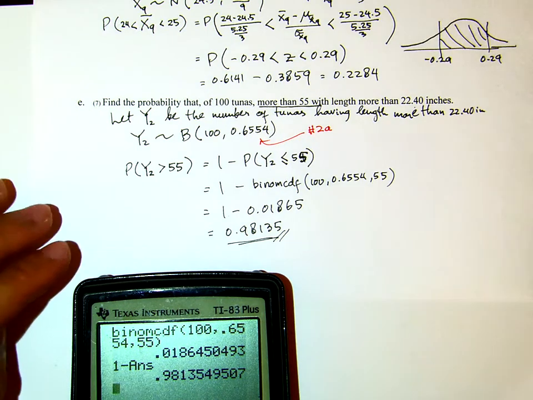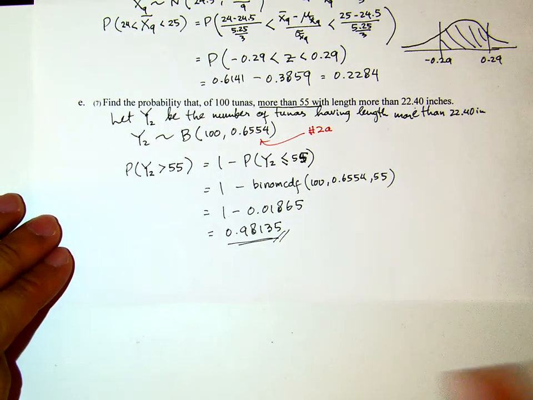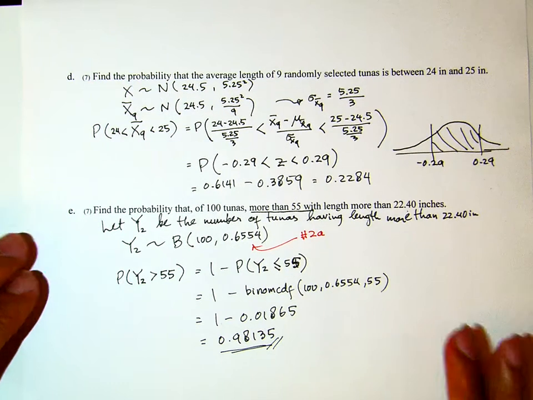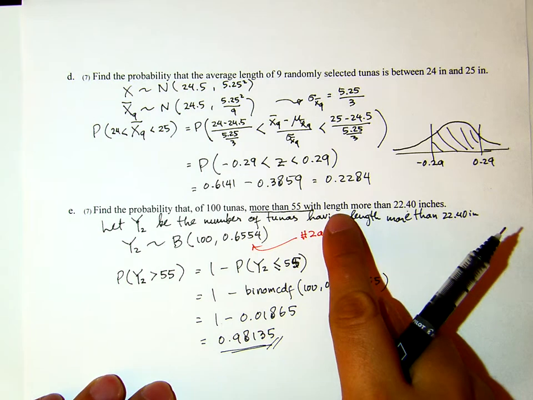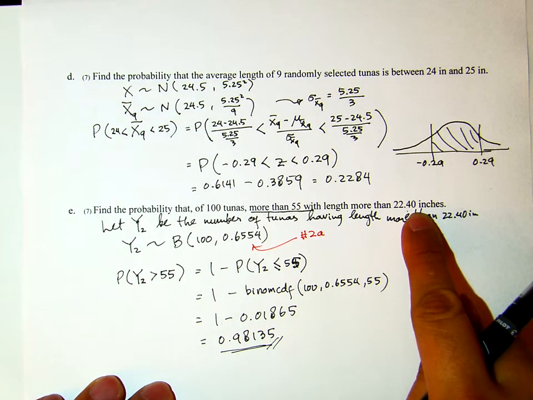Now I know these questions may be complicated. You need to slow down a bit, especially part E, because we are not talking about the probability of a tuna or the average length of 9 tunas anymore. We are talking about the probability that, out of these 100 tunas, 55 of them satisfy some quality. That quality is that the length is more than 22.40 inches.